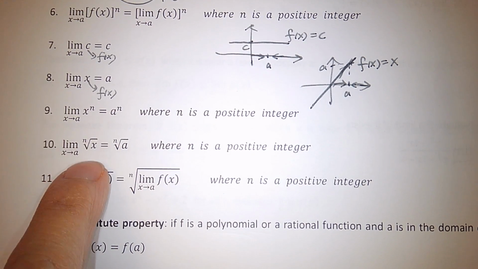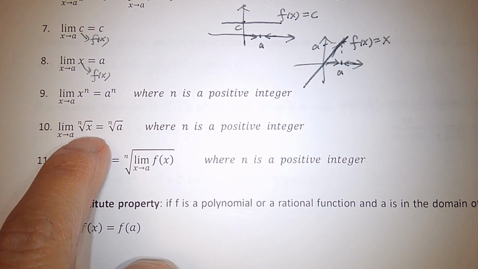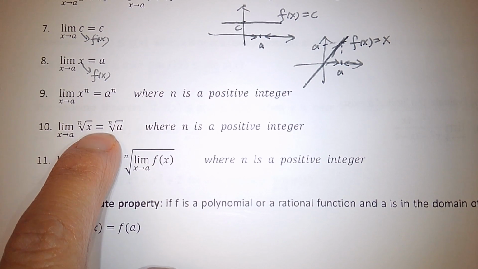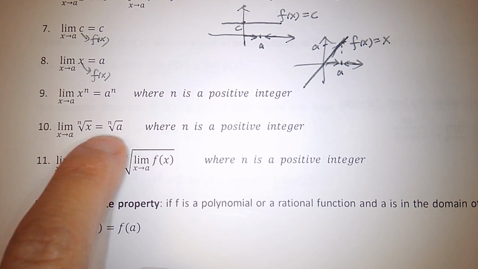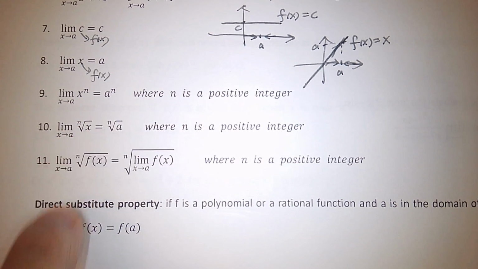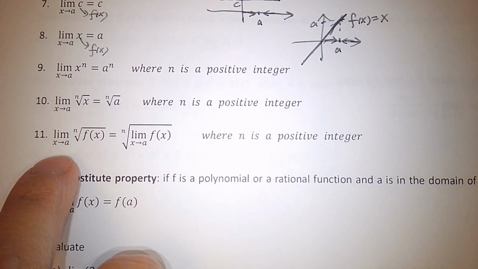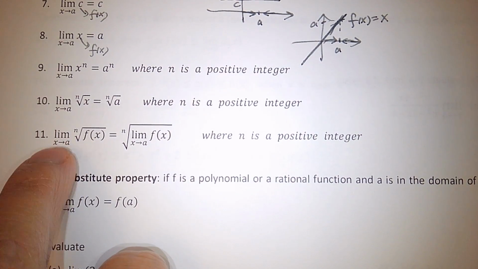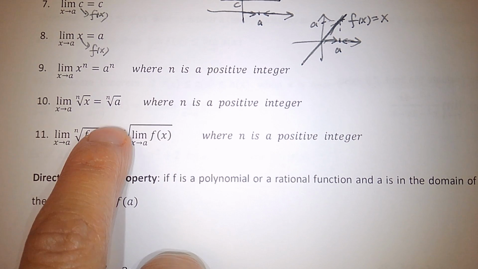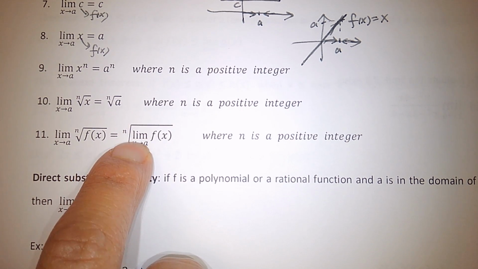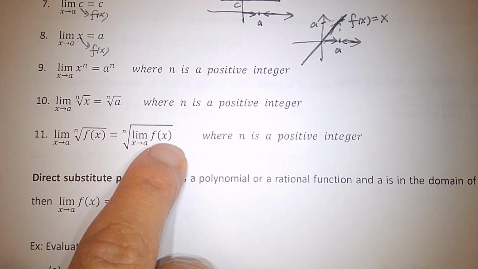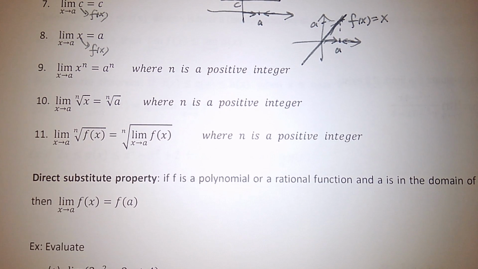Same thing for the nth root of x: when x approaches a, it approaches the nth root of a. And the limit of the nth root of f of x as x approaches a equals the nth root of the limit of f of x. So these are the laws.